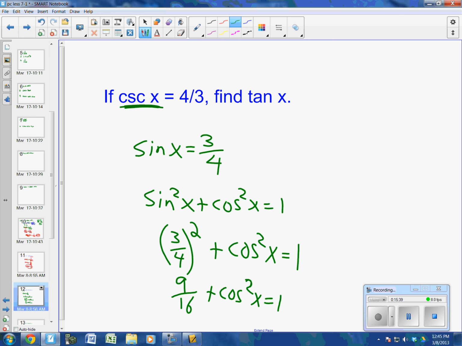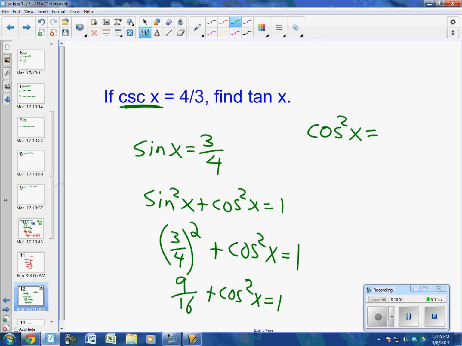Because if we know sine and cosine, we can find the tangent because of the quotient identity, right? So we got to solve for cosine of x. So we're going to minus 9/16 from both sides. If I minus 9/16 from both sides, I'm going to get cosine squared of x equals 1 minus 9/16.